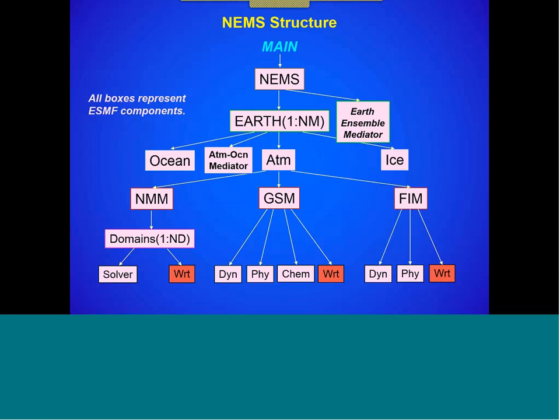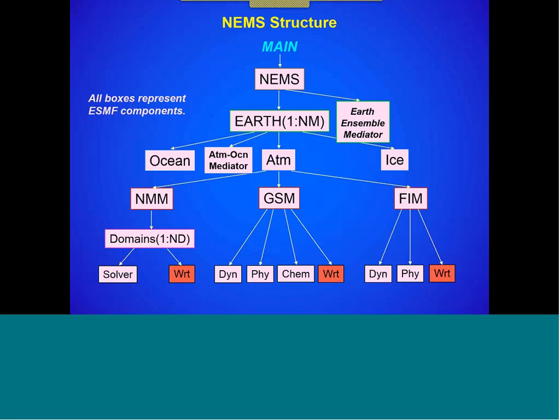And so this is the NEMS structure. It starts off at the top. It's a single application that runs in a computer, so it does have a single main, and then it calls the NEMS component, which is an ESMF component. Basically what NEMS does is it instantiates many Earth components, as many as requested by the user.